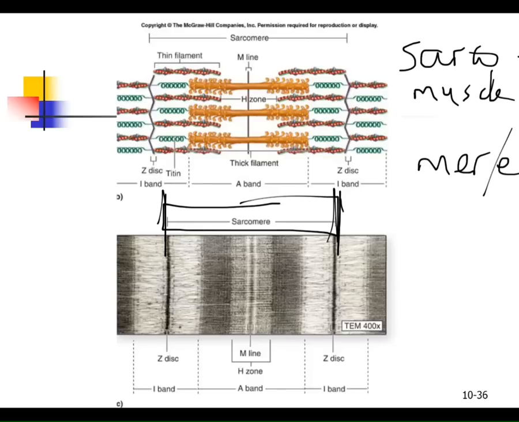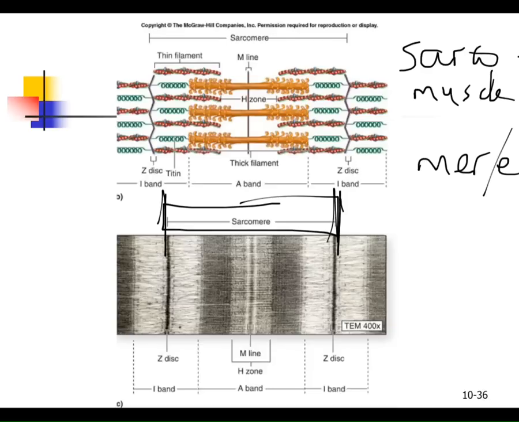A polymer is a molecule made up of many parts. A monomer, something made up of only one part. A dimer made up of two parts. So sarcomere is what? A part of muscle. It is the part that is actually doing all the work.